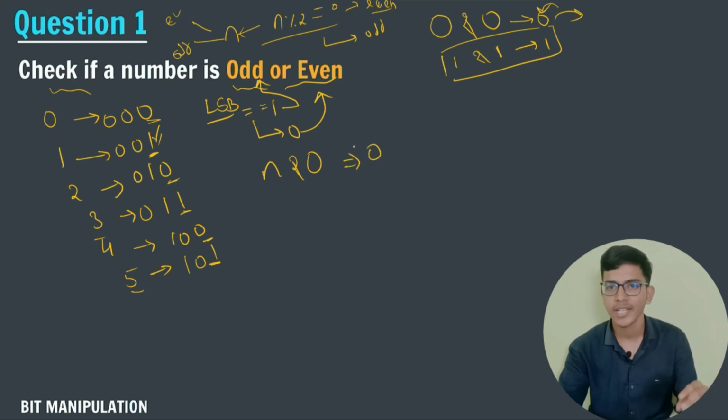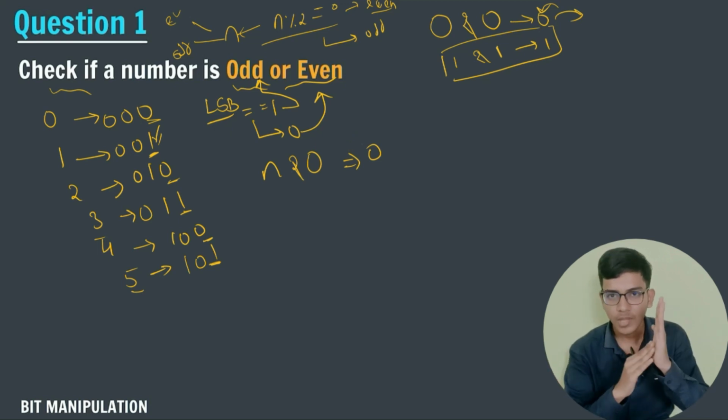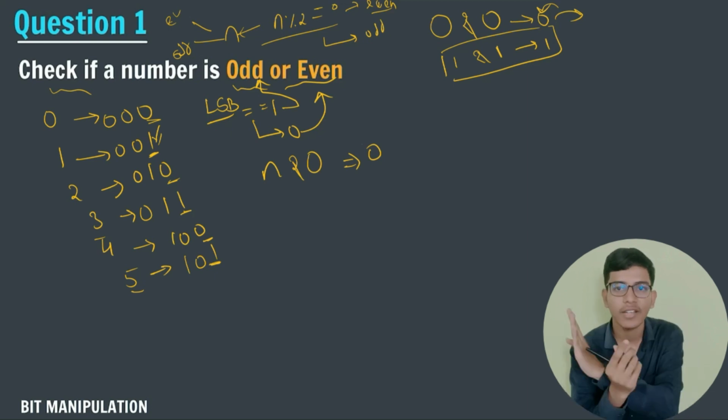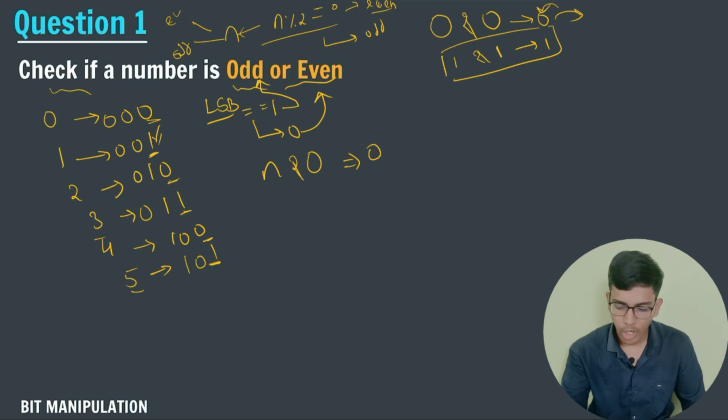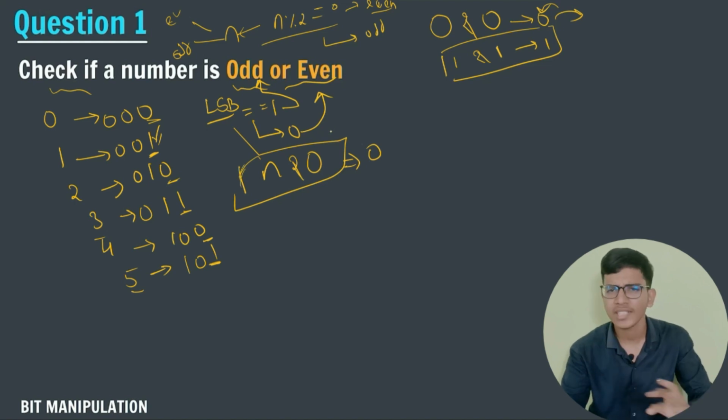Whatever the number may be, it will give me 0 because the other operand is 0. So n binary AND 0 will always give me 0.